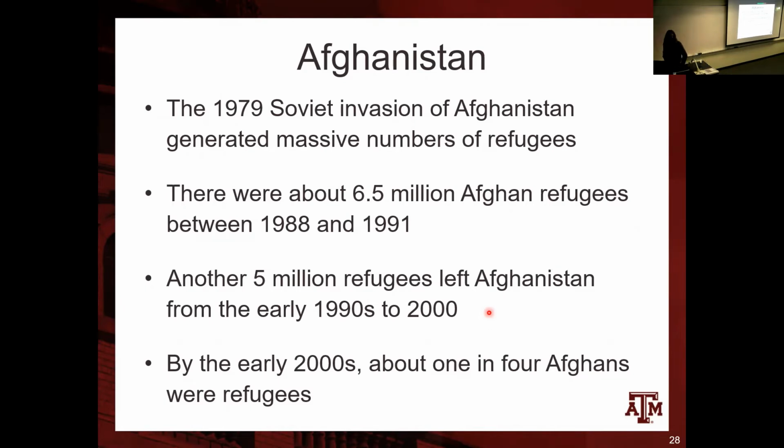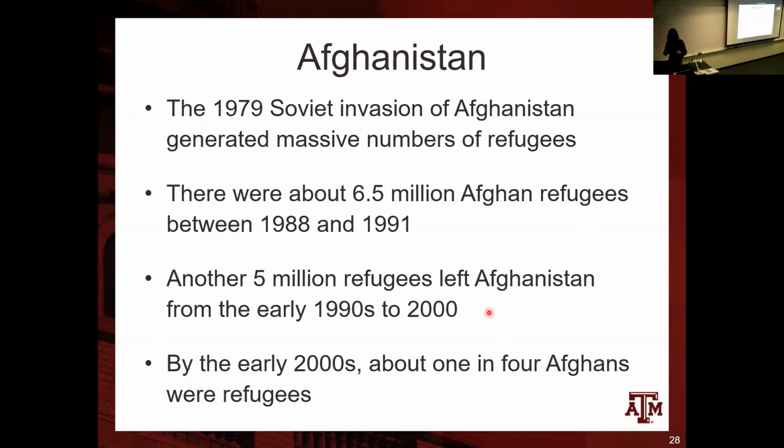So the 1979 Soviet invasion of Afghanistan generated massive numbers of refugees, people trying to get out of there. There were 6.5 million Afghan refugees between 88 and 91. Another 5 million refugees left Afghanistan from the early 1990s to 2000. And by the early 2000s, 1 in 4 Afghans were refugees.